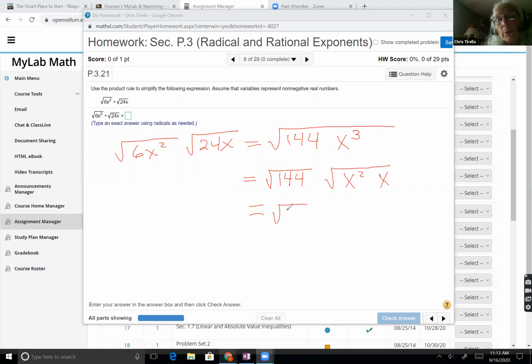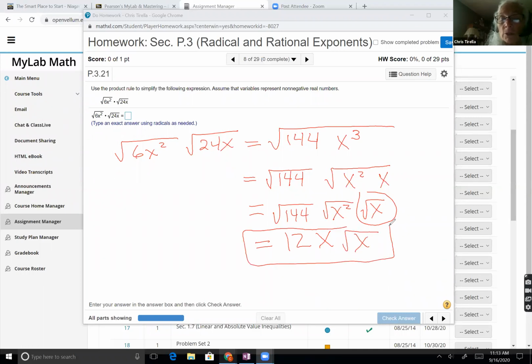We take the square root of 144, the square root of x to the second, and the square root of x. The square root of 144 gives me 12. The square root of x squared is x. And this extra factor is not a perfect square, so we cannot take its root and it stays under the radical. Our final answer is 12x radical x.